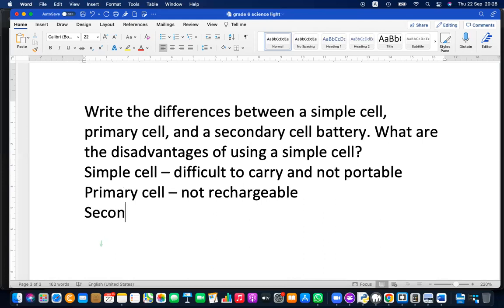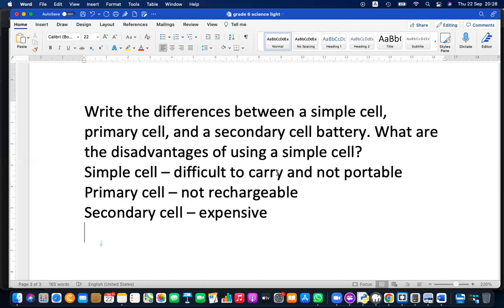Secondary cell, I'm writing the disadvantages, expensive. Simple cell, difficult to carry. Primary cell, not rechargeable. Secondary cell is expensive.